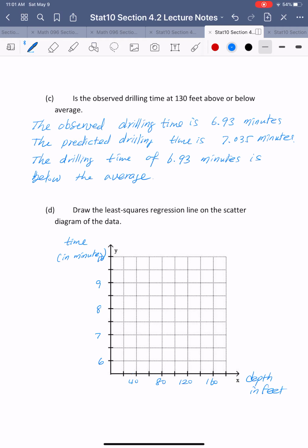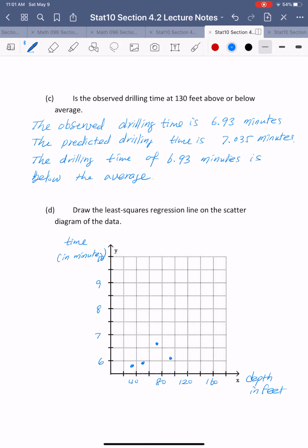So it's about here. And then 50. So 50 is about here, to 5.99. And then 75. So 75 is about here, at 6.74. And then 95 is about here, at 6.1.